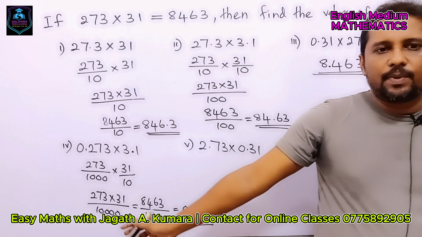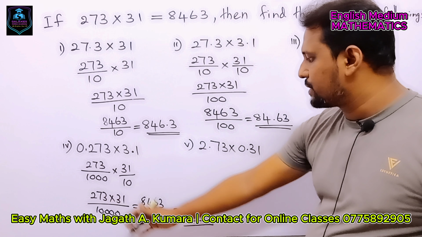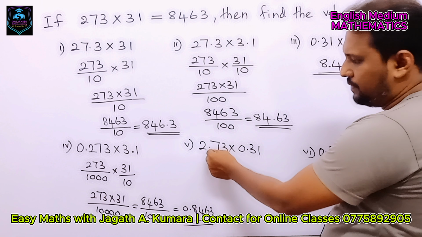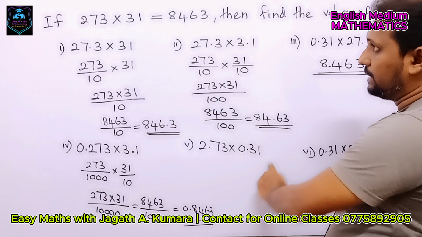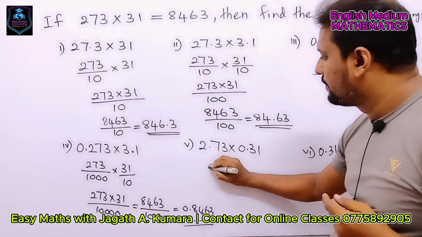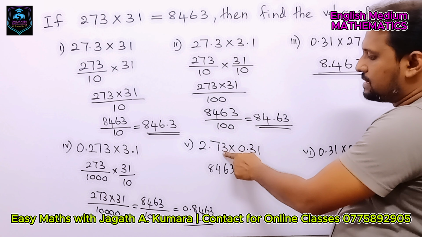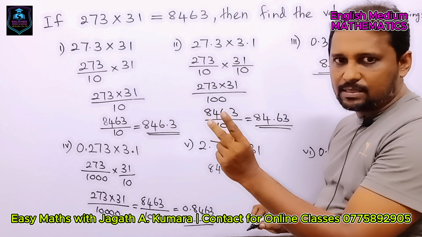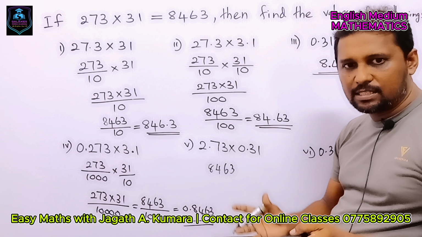Then for the next two parts I will get the answers without writing fractions. First you ignore the decimal points. 273 multiply 31, the answer is 8,463. This decimal number has two decimal places and this one also has two decimal places, totally four decimal places.